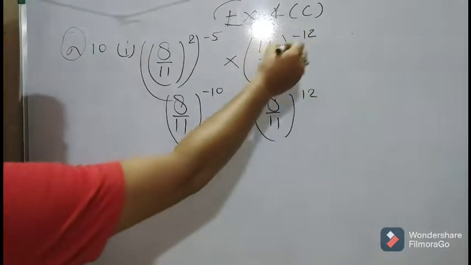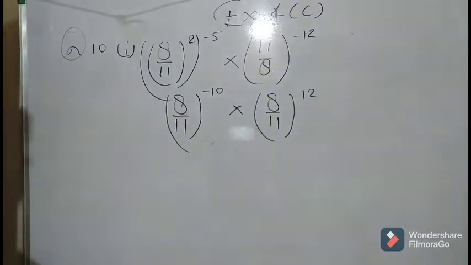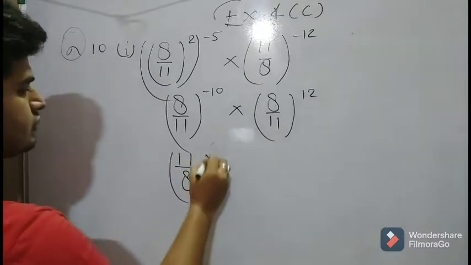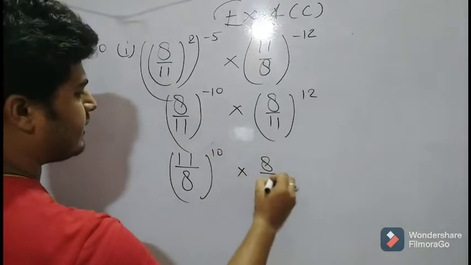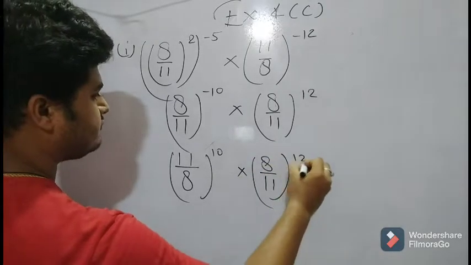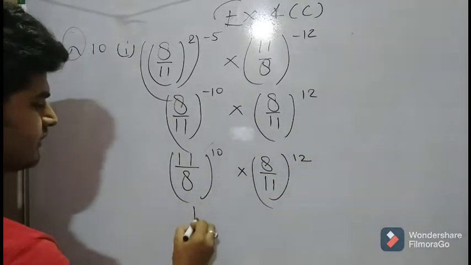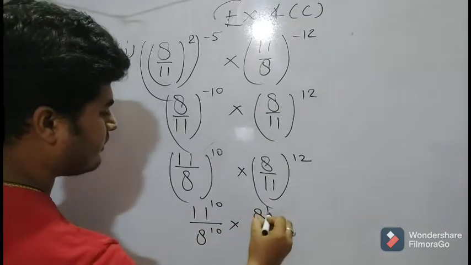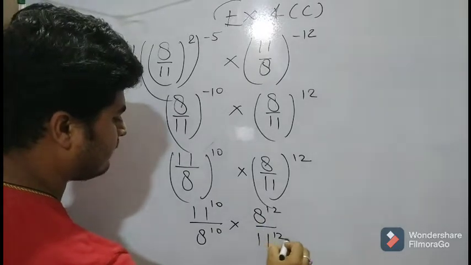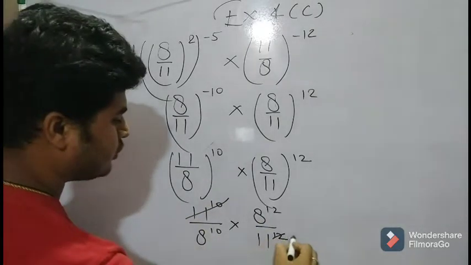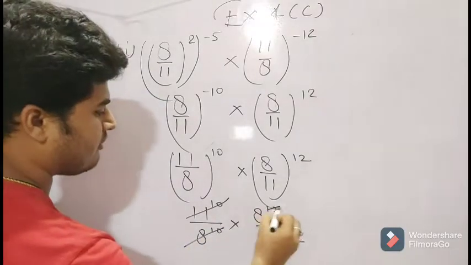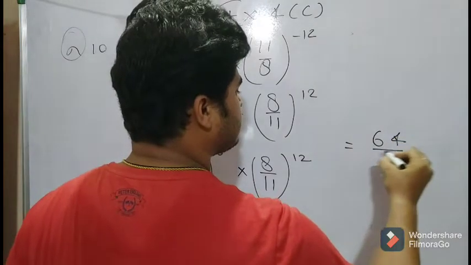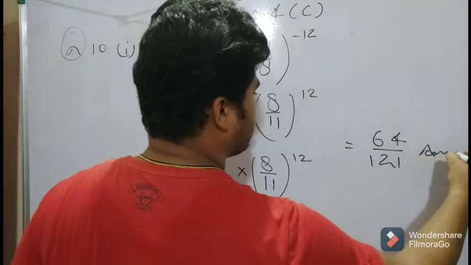The power is negative; in order to make it positive, the fraction will be reversed, so it becomes 11 by 8 raised to the power 10 multiplied by 8 by 11 raised to the power 12. So 11 to the power 10 upon 8 to the power 10, 8 to the power 12 upon 11 to the power 12. So this 10 will make this power 2, this 10 will make this power 2. So 8 square upon 11 square, 8 square 64, 11 square 121. This is the answer.